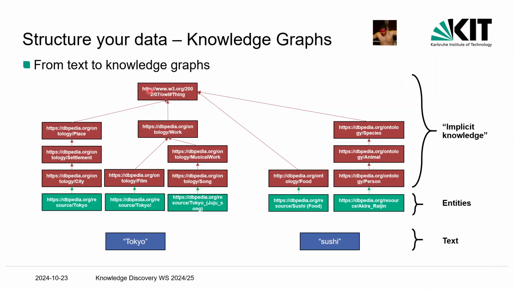So that's all of these here on top are more based in the ontologies because they're more the concept of a place, the concept of a settlement, the concept of a city, and it's more there for a type hierarchy to say that, hey, we have an entity here that is of a certain type, that is a city, that is a movie, that is a song and such, or sushi is food, or sushi can also be the wrestler Akira Raijin.